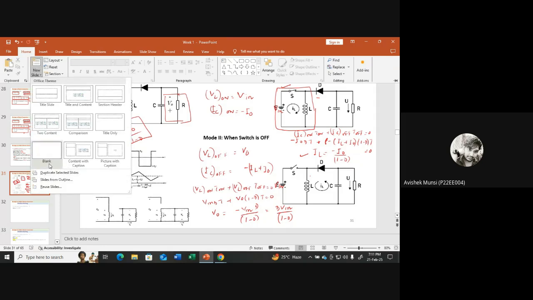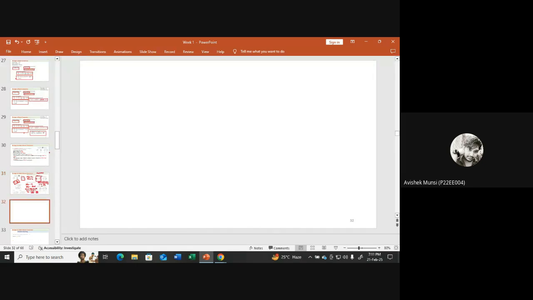Now if we calculate the ripple current, L dIL by dt, in the on time it will be equal to V in.